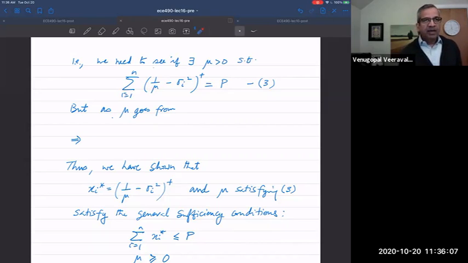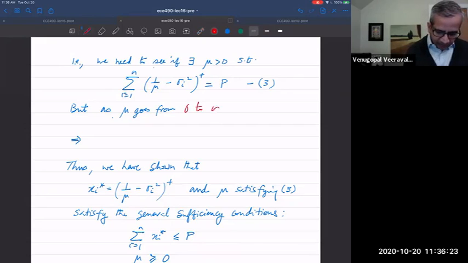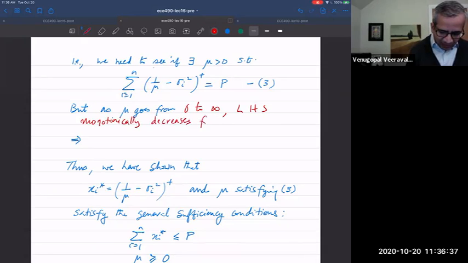But as I keep increasing mu, some of these terms in the summation are going to keep dropping out, and eventually all the terms in this summation are going to drop out and I get 0 on the left-hand side. So as mu goes from 0 to infinity, the left-hand side monotonically decreases from infinity to 0.